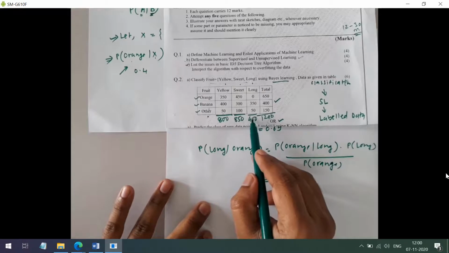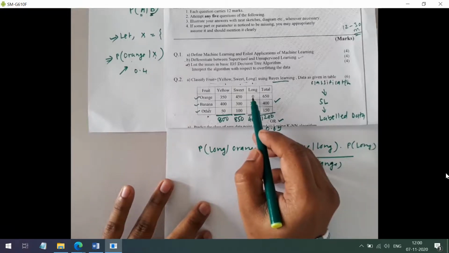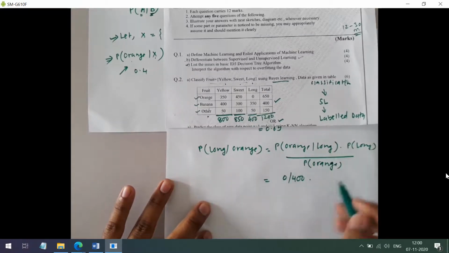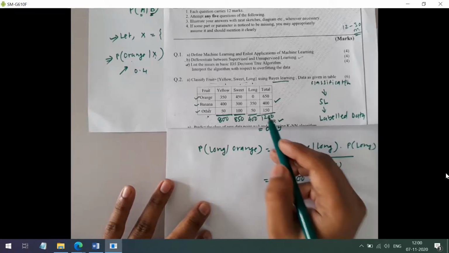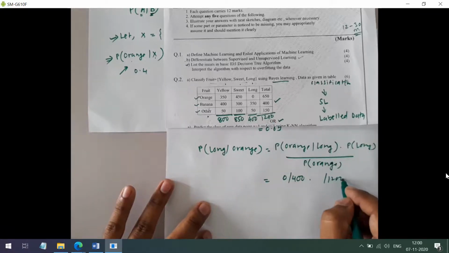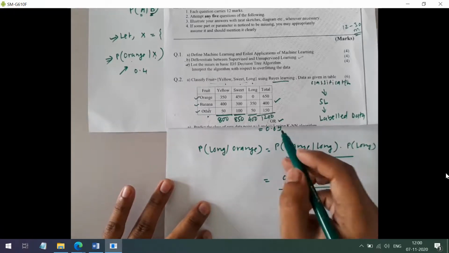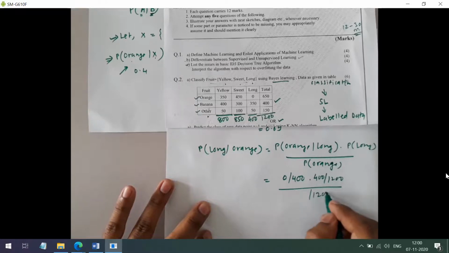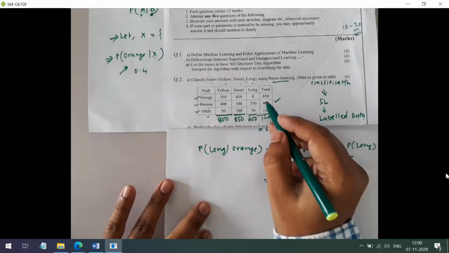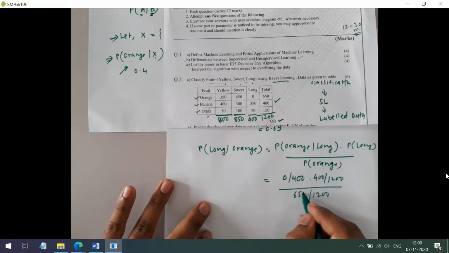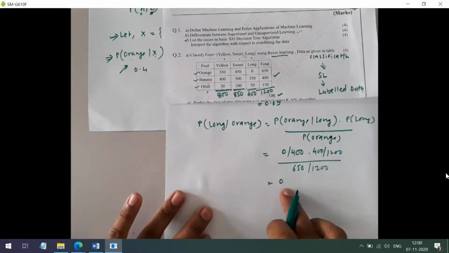And out of 400, how many are orange? 0. Into probability of long. Out of 1200 fruits, how many fruits are long? That is 400. Probability of orange: out of 1200, how many fruits are orange? That is 650. As we have 0 here, the value is directly 0.